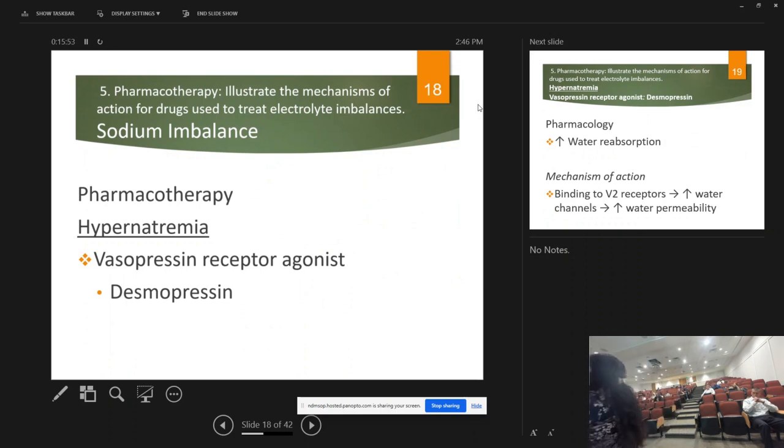Remember, maybe the ADH levels are not as good in some patients, so you have to artificially provide them so that they can stimulate the insertion of the water channel. Okay, so here we are hijacking our physiological approach.